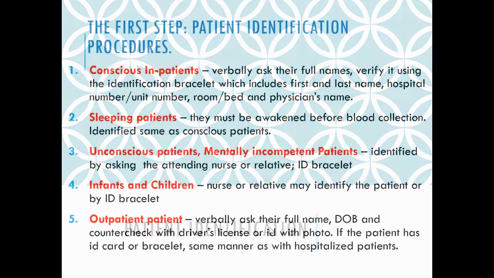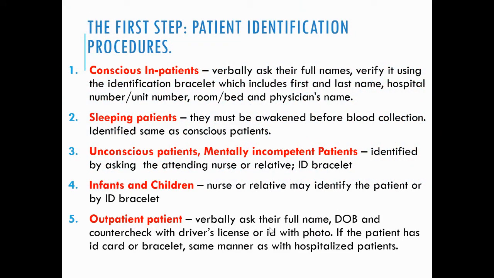Now, patient identification. In patient identification, we need to identify the different types of patients. So first one, we have the conscious inpatients. So these are the normal patients. We need to verbally ask their full names, and we need to verify it using the ID bracelet, which includes their first and last name, the hospital number, the unit number, the room or the bed, and the physician's name.